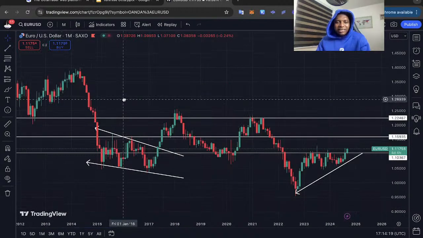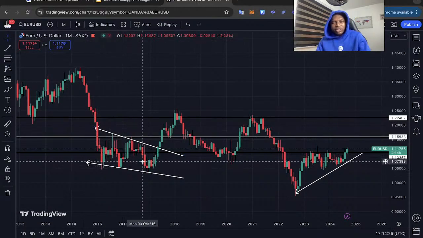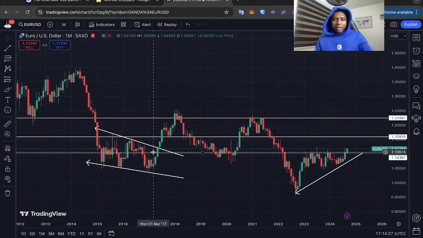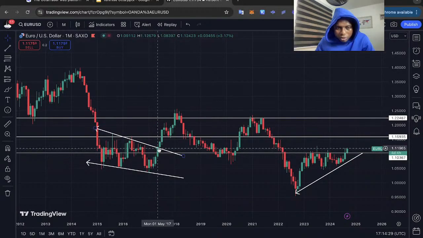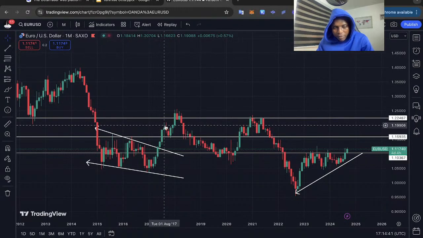We can see that this wedge pattern had a breakout on the resistance trend line. After this breakout, what happened next? Price pushed up further, and we can see price rally up.